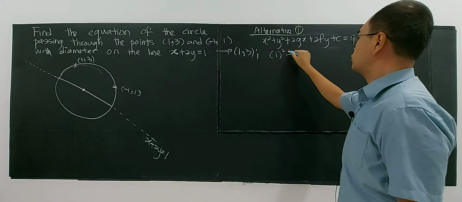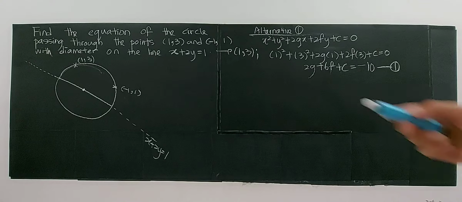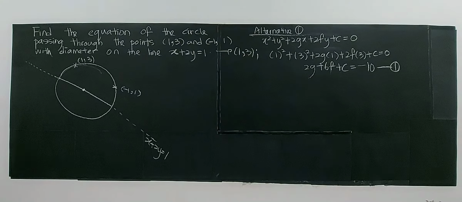That is equation number 1. Of course, this circle is also passing through negative 1, 1.